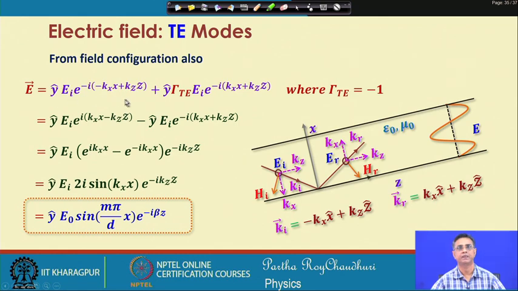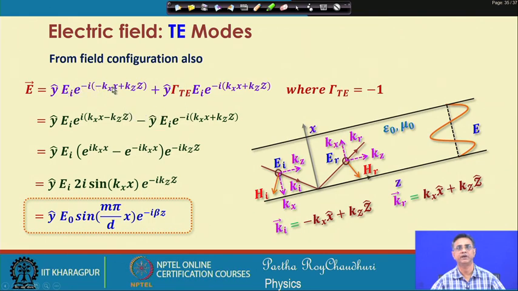You have your E field like this, which is incident, and the E field which is reflected with a reflection factor equal to minus 1, just because this is a metallic boundary, and as a result this quantity will become minus.